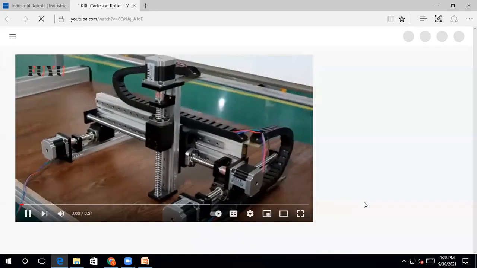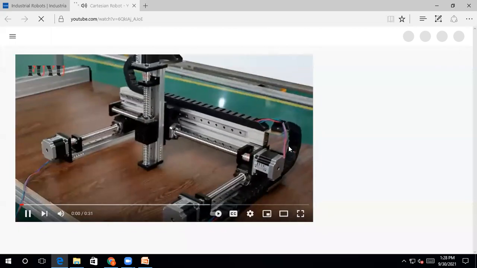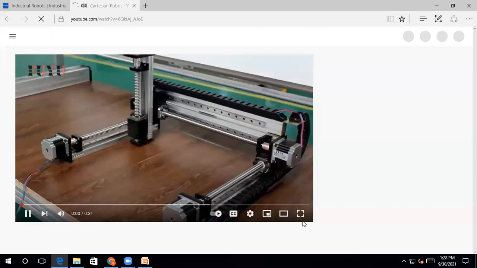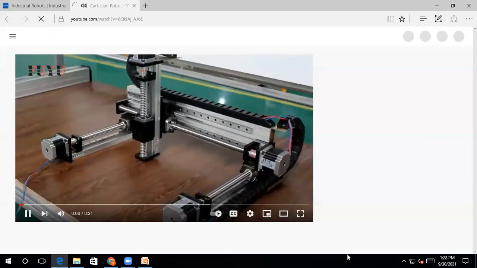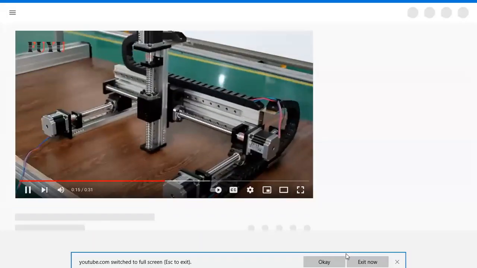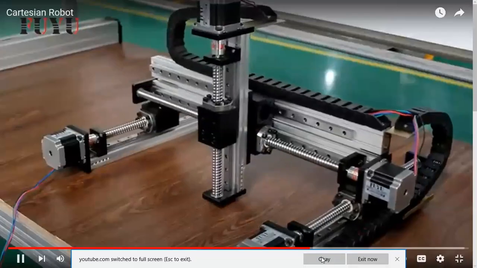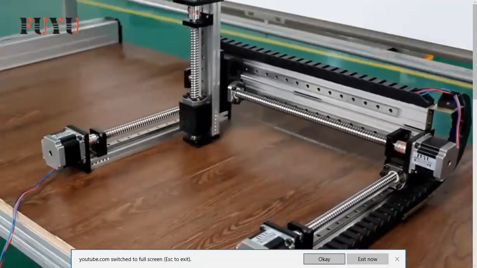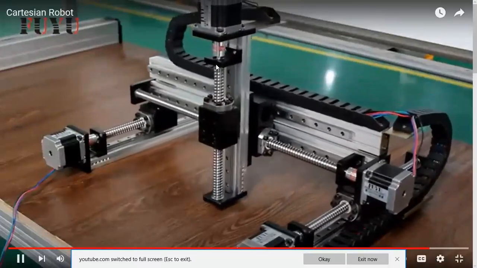See that this Cartesian robot is there. How this is moving. See that this up and down. Now it is going up.